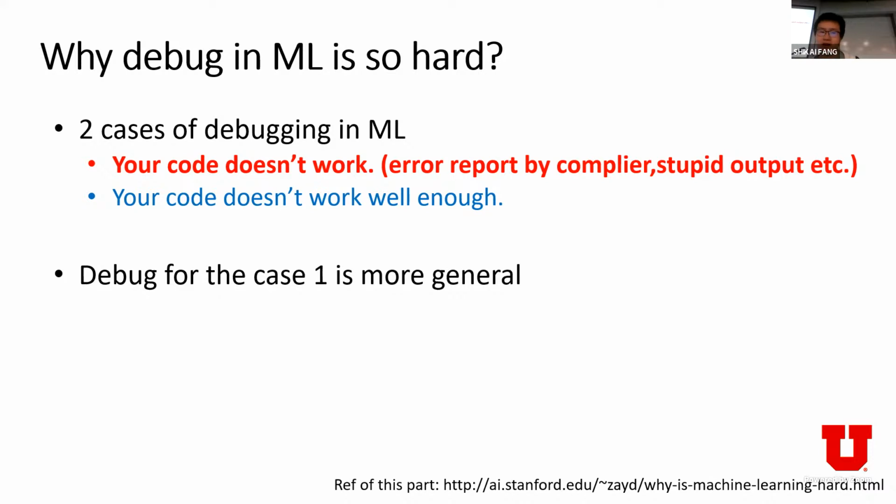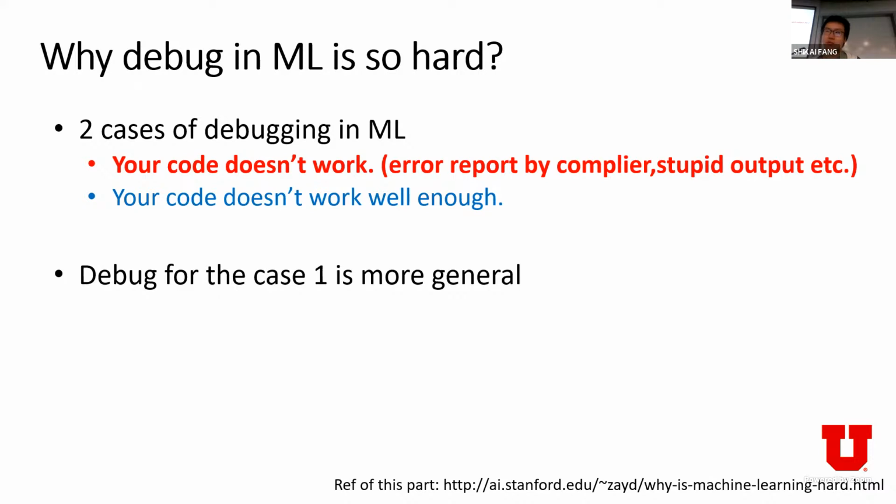First, let's do the classification. There are 2 cases of debugging in machine learning. The first is that your machine learning code doesn't work. It just means your compiler reports some errors or outputs some very strange things. And the second case is that your code or models don't work well enough.